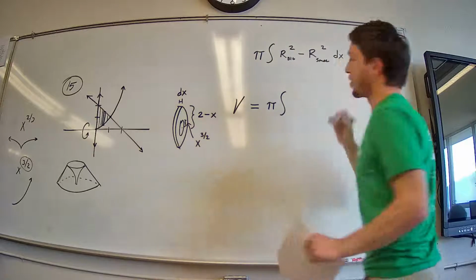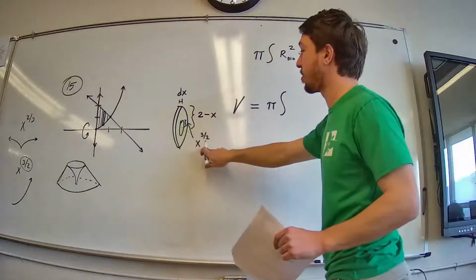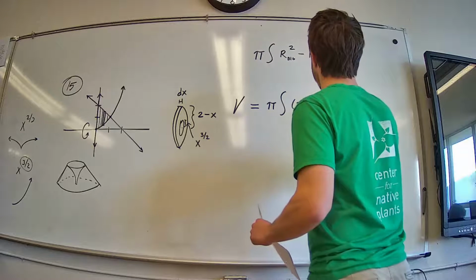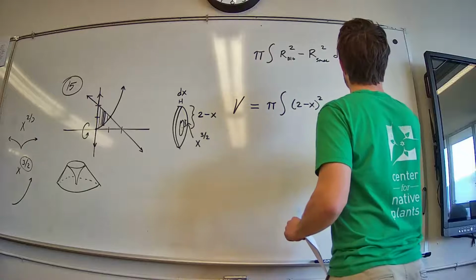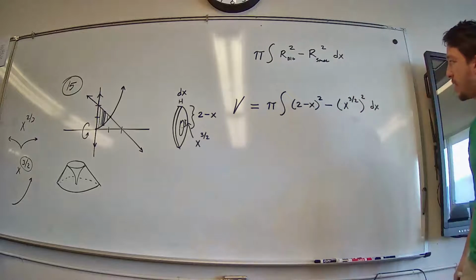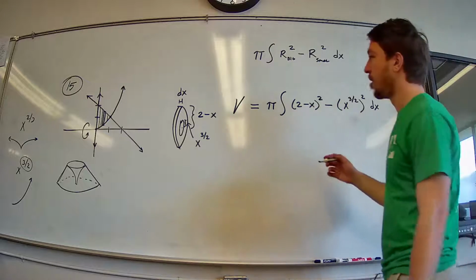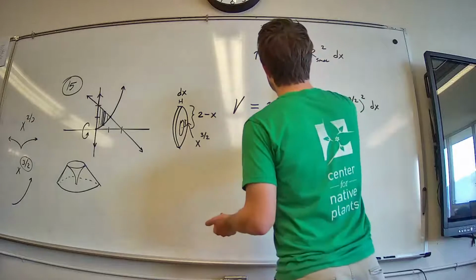If that makes more sense to you to write it that way. But in any case, it's going to be this squared minus that squared. Uh-oh. Is this going to be annoying? Oh, by the way, what are the bounds? 0 to 1.